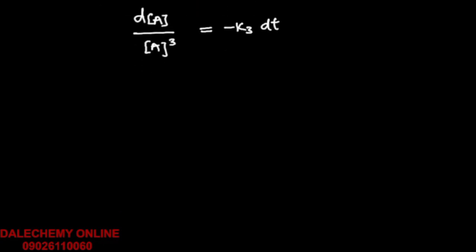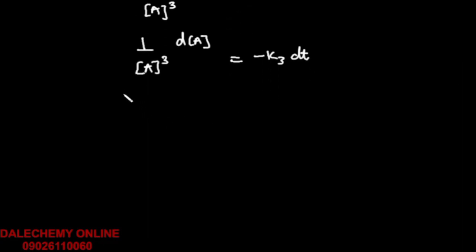So now the next thing is to integrate. Now before you integrate, we can have this to be 1 over A raised to power 3 times dA, because if you have 2 over 4, it is like 1 over 4 times 2. So that's just what I did here. So that will be equal to minus k3 dt.